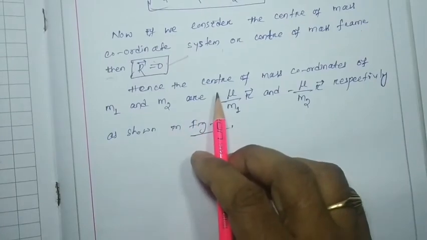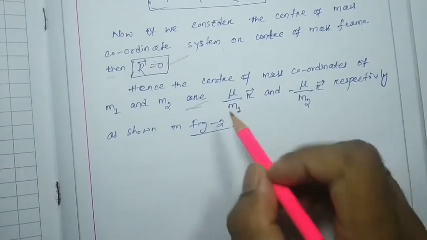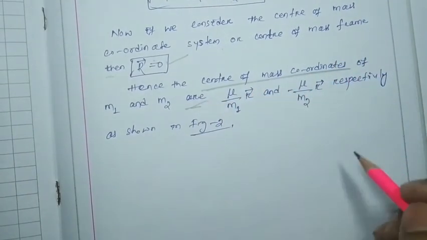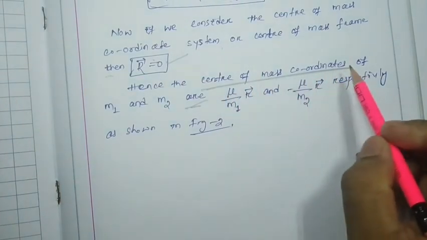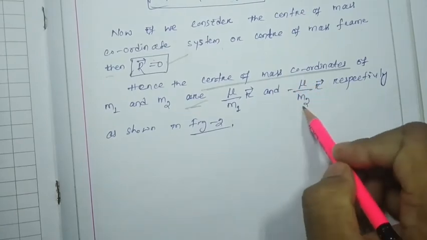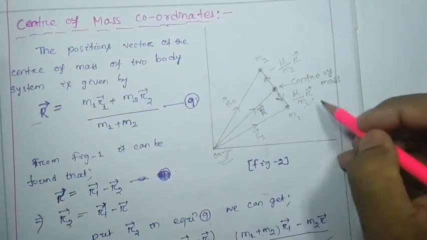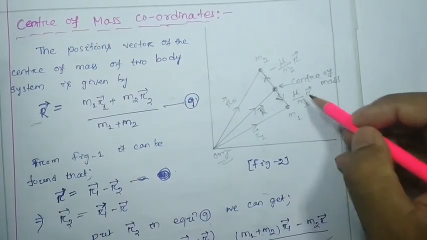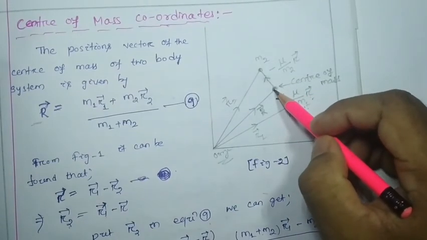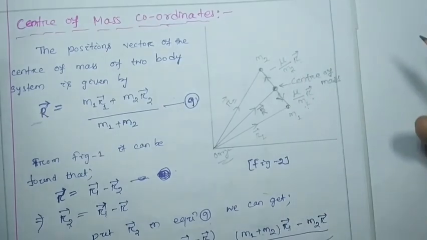Hence the center of mass coordinates of m1 and m2 are here. See, center of mass coordinate means from the center of mass, what is the coordinate? Understood? Center of mass coordinates means from the center of mass, what is the coordinate of m1 and m2? So from the center of mass, the coordinate of m1 is nothing but mu by m1 r, and the coordinate of m2 is nothing but minus mu by m2 r, right?